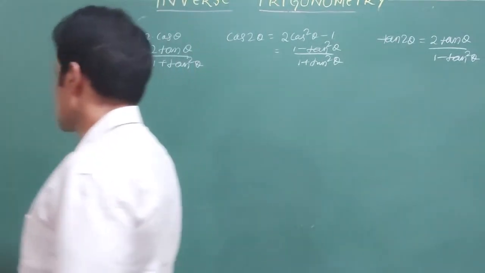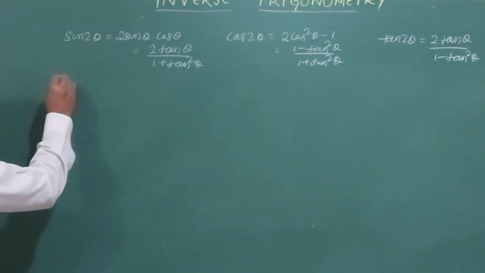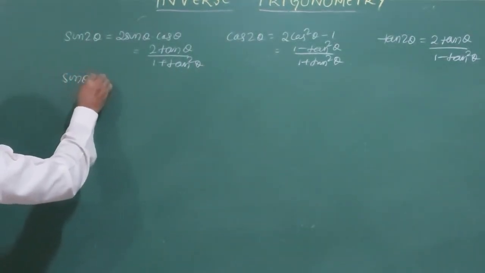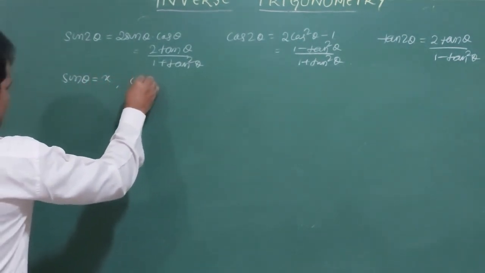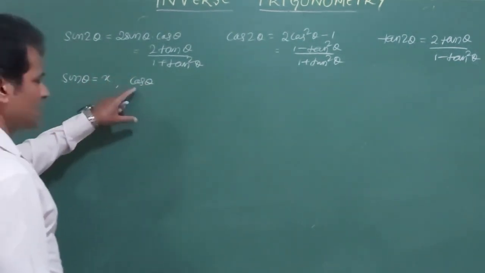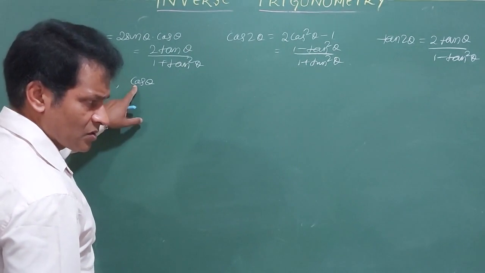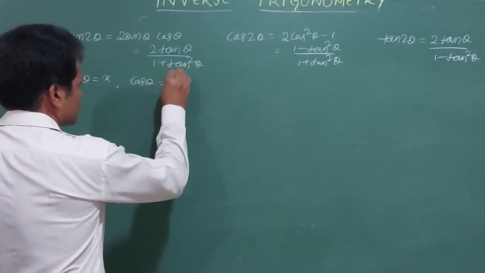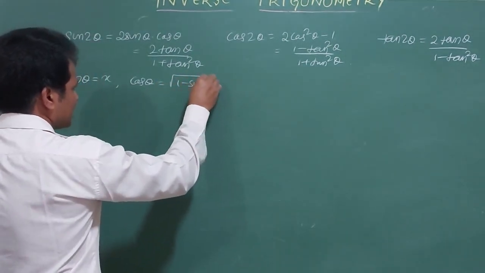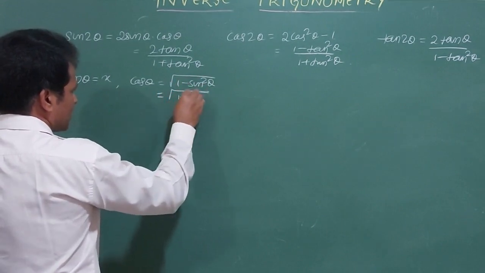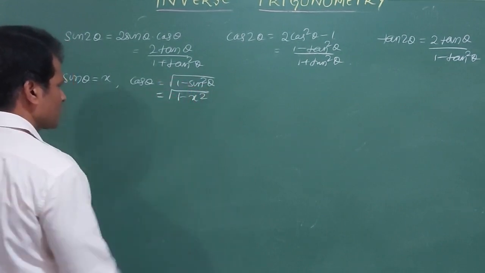Suppose in the inverse I write the formula. Suppose I assume sin theta is equal to x, what will be cos theta? Sin square theta plus cos square theta is equal to 1. So cos theta can be written as under root 1 minus sin square theta, 1 minus x square. Okay, fine.